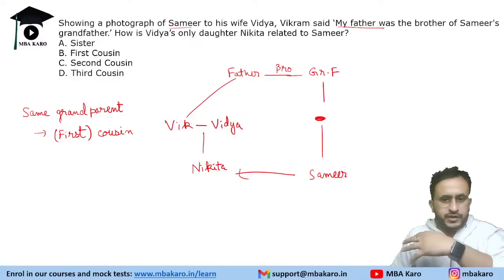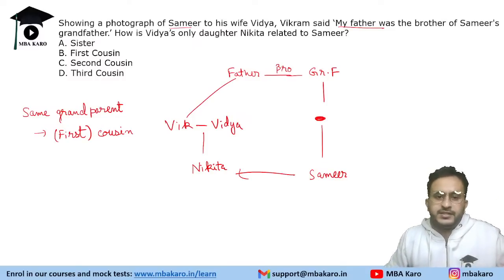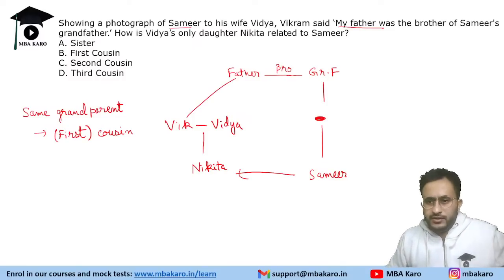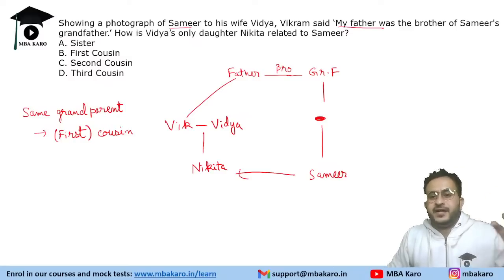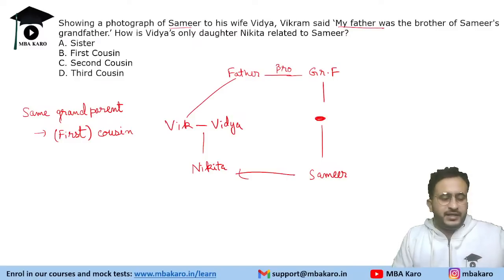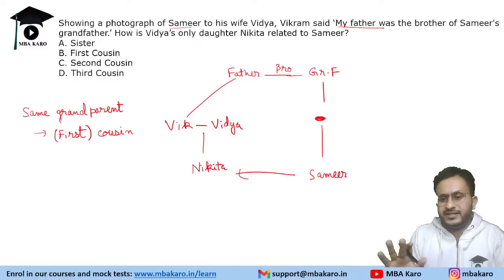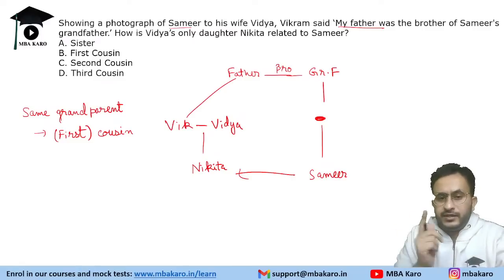Your maternal uncles' or paternal uncles' children: the children of chacha, bua and mama. So all these are your cousins, right? Why? Because you have the same grandparents, either your dada and nana, maternal side same or paternal side same, right? So when you have the same grandparents, that is called first cousin or simply cousin, right?